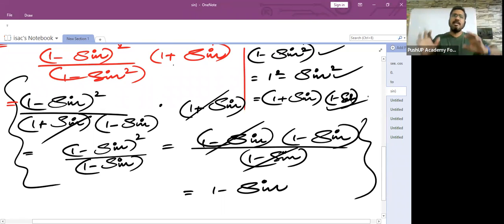So when I'm explaining it, it takes a lot of time. But when you do it in the exam, it won't take much time because you would have practiced it rigorously. When you're sitting for the board exams, automatically it will strike your mind. It should strike your mind. Otherwise, after the exam, I'll strike you.